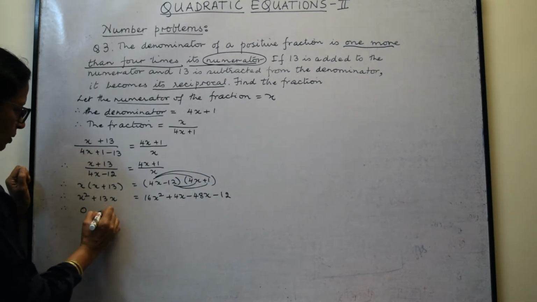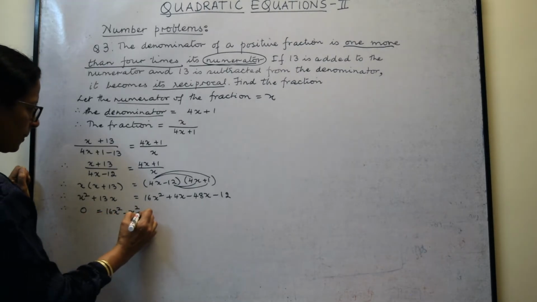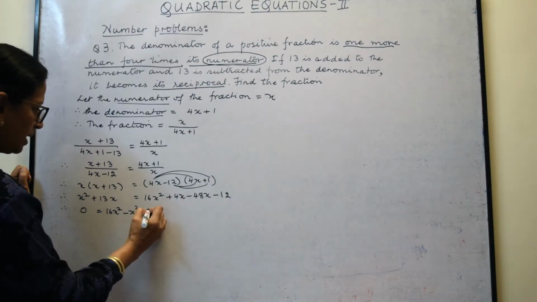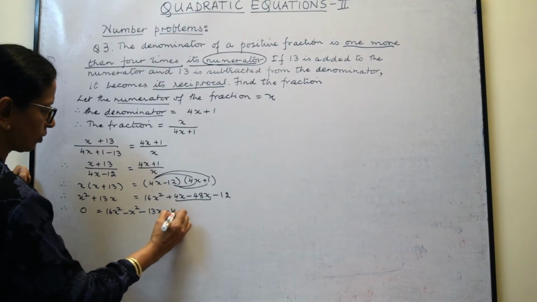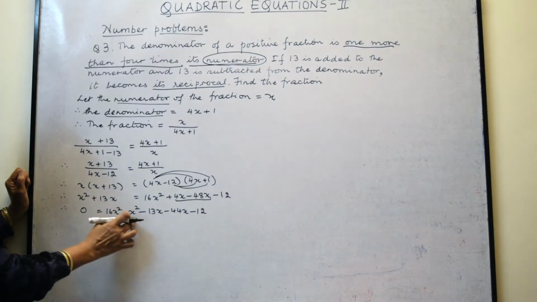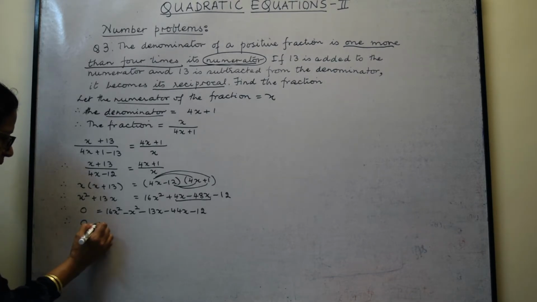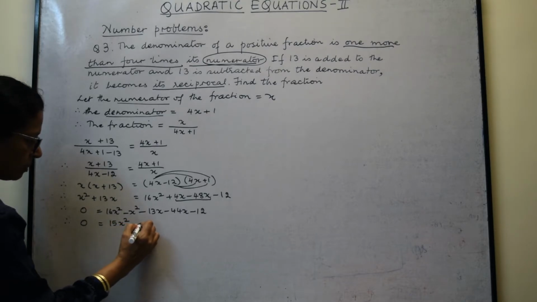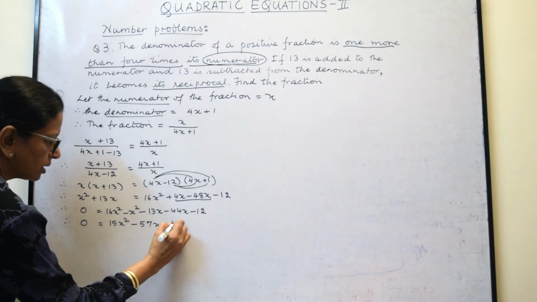So I'll have 0 equal to 16x squared minus x squared, minus 13x, and here I'm going to write minus 44x, and minus 12. So I have taken these terms to this side, and simplifying, it gives you 15x squared minus 57x, if you add this and this, and minus 12.